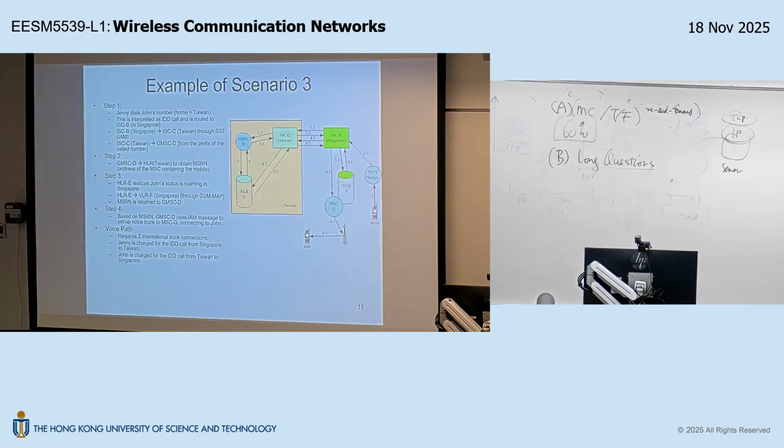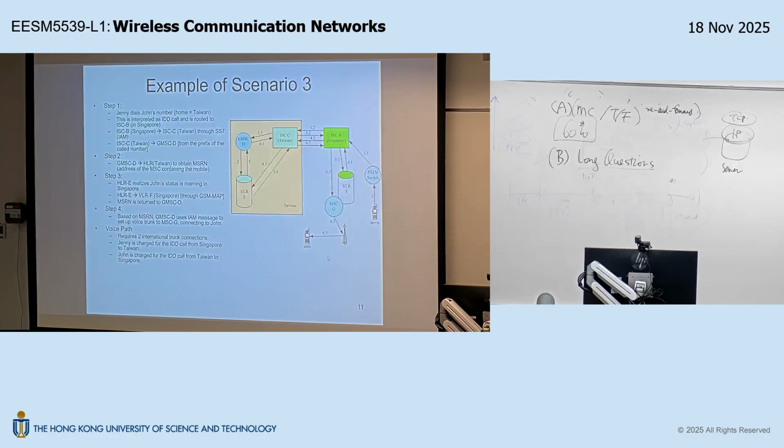So it will continue to set up the trunk all the way from Taiwan back to Singapore to Mobile Switching Center G, and then inform the base station concerned in the location area to page for John. Let's say John answers with the page response. Eventually, the end-to-end data path will be from here to here. So although both the caller and the called party are in Singapore, this standard arrangement results in two international segments.